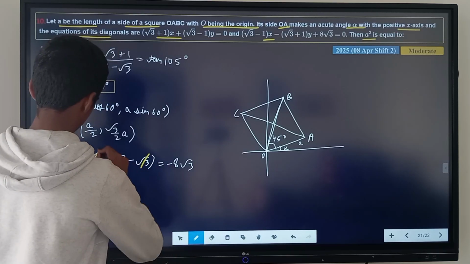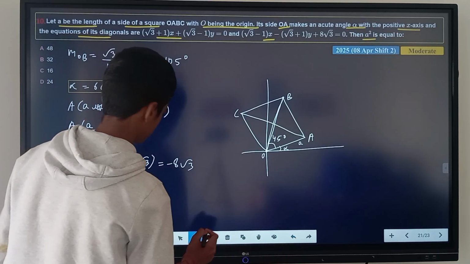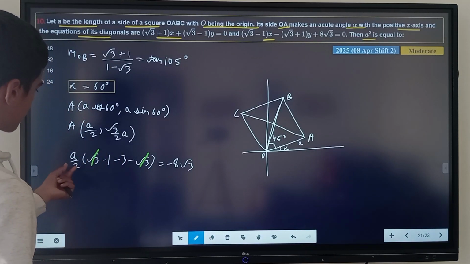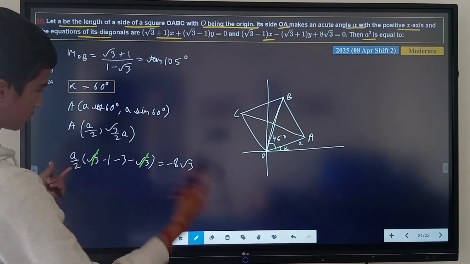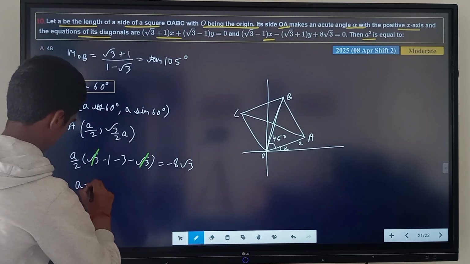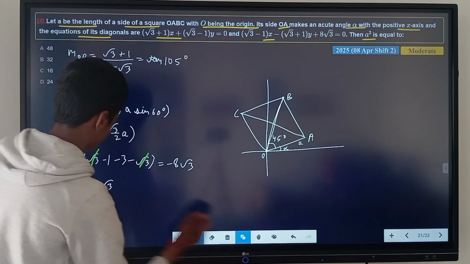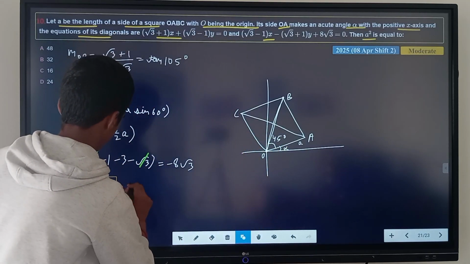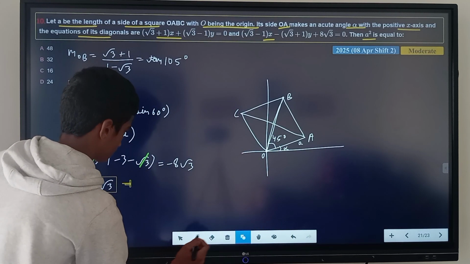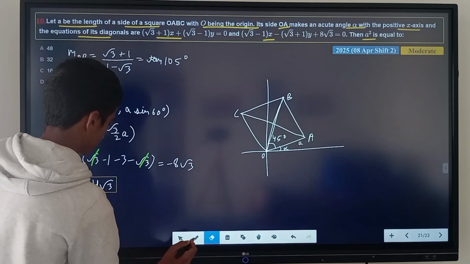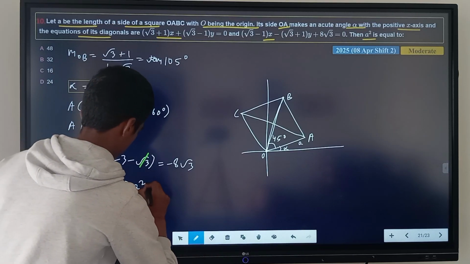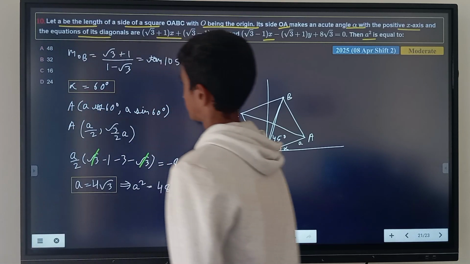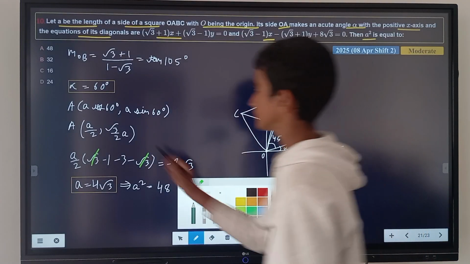Now root 3 will get cancelled. From here we will get minus 4 upon 2, minus 2, take it to the right hand side. a is equal to 4 root 3. From here we can say our a square is equal to 16 into 3, 48. So our answer is option A.